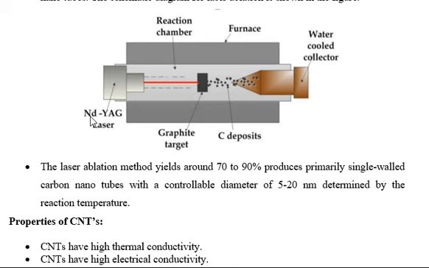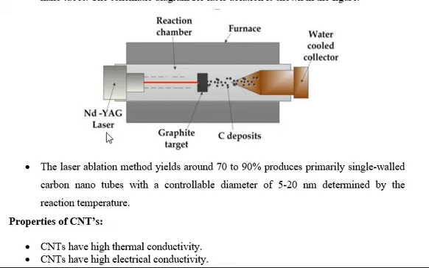And here an NdYAG laser is going to produce laser light, or is going to make laser light incident on the graphite target, so that the carbon atoms are going to deposit on the water cooled collector.